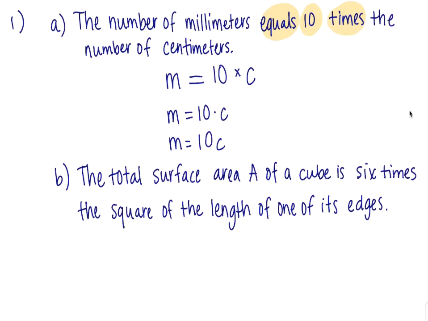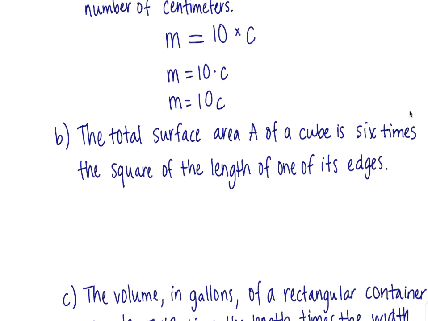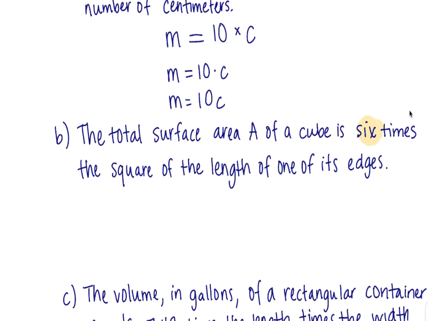For part B, we're looking for the total surface area of a cube is 6 times the square of the length of one of the edges. Now here it does not say equals, but the word is will always imply equals.